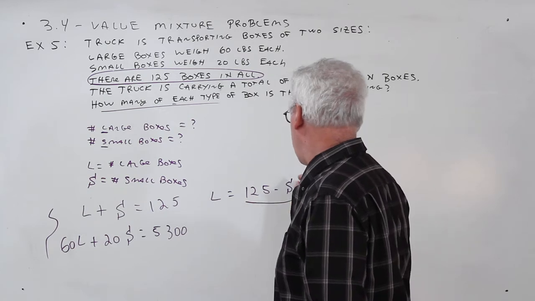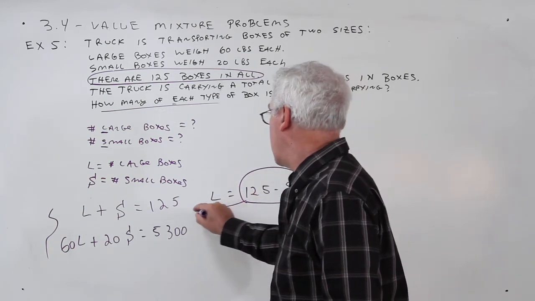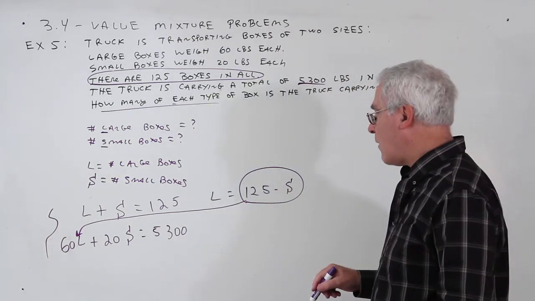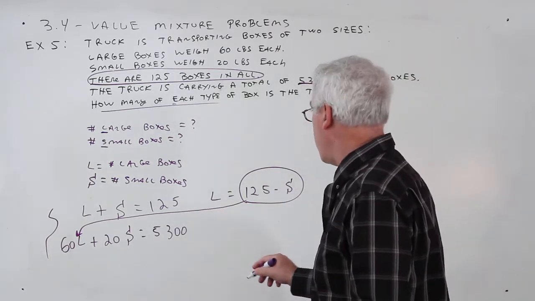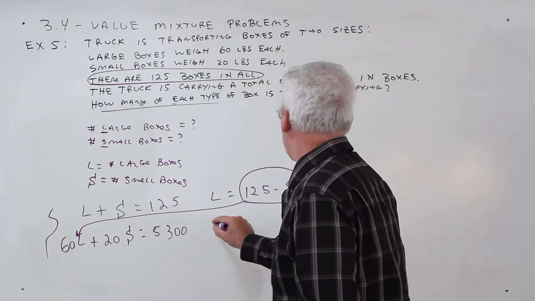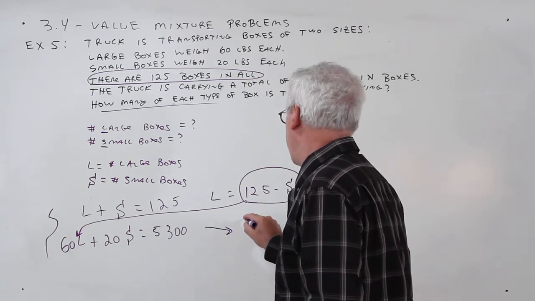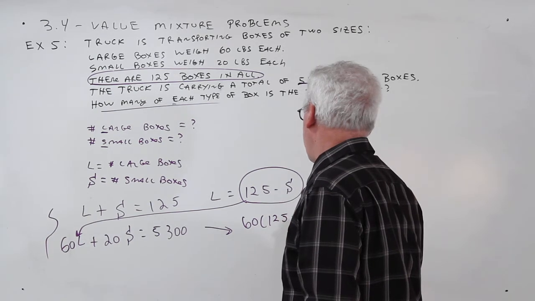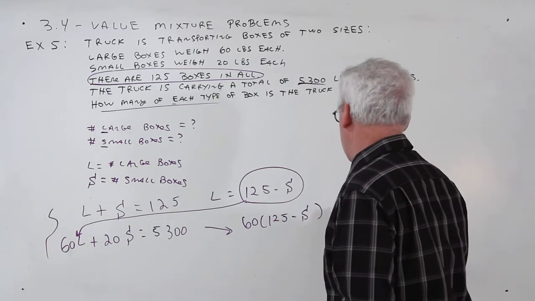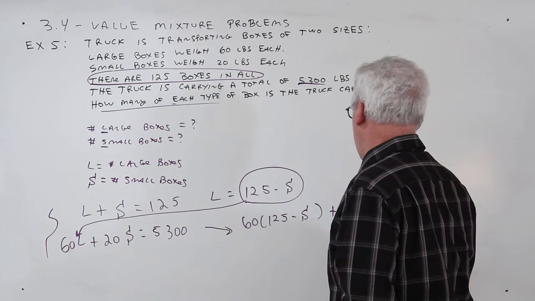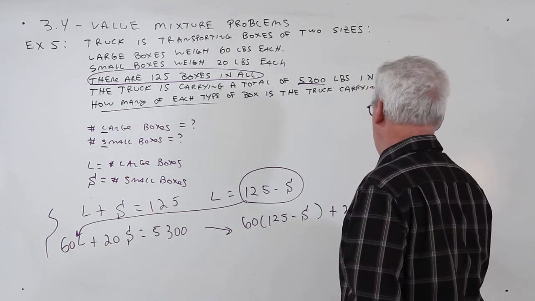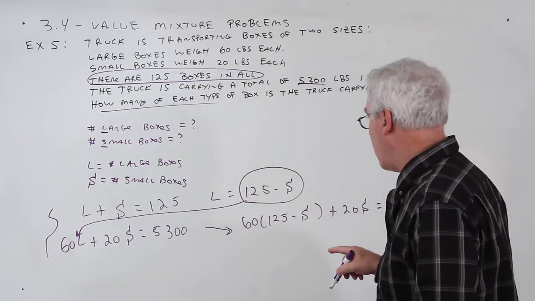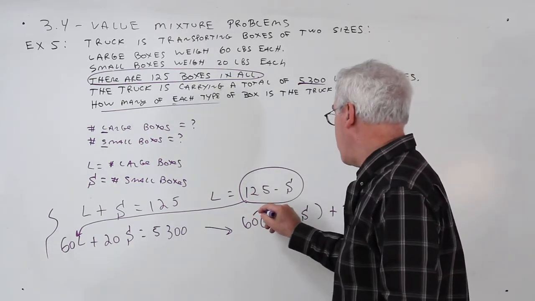Then wherever I see an L, I will replace it with 125 minus S. So this equation over here will now turn into 60 times 125 minus S plus 20S equals 5,300. I now have one equation and one unknown, so I can now distribute.